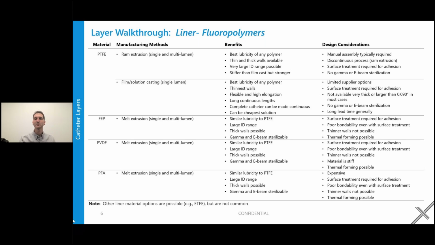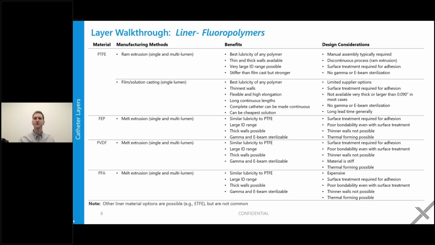So it's limiting to use PTFE because you must stick with ethylene oxide or some other similar types of sterilization methods that are not radiation based, like gamma or E-beam. And that's the same for RAM or film cast. It doesn't matter. It's the molecule of PTFE that's breaking down in that process.